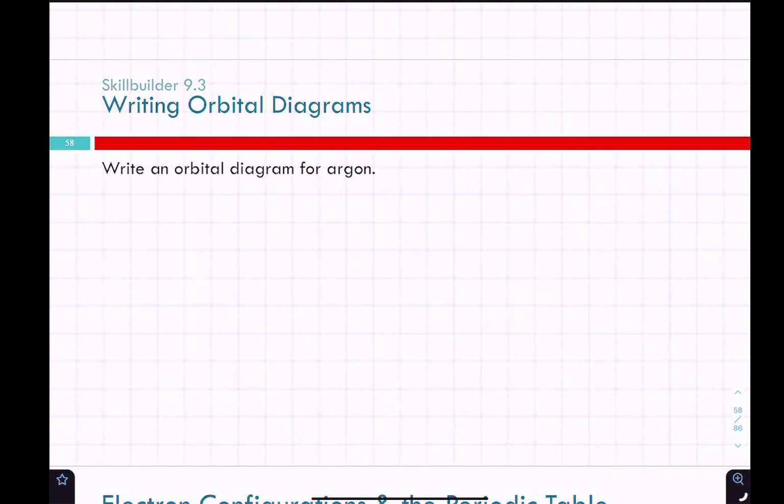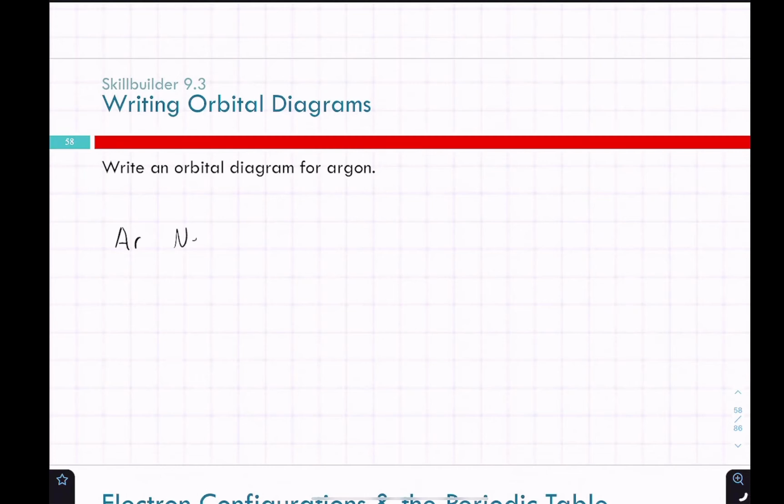So we can write out an orbital diagram for argon. And again, we can use abbreviations. So we can start with neon, and then it would be 3s, 3p.